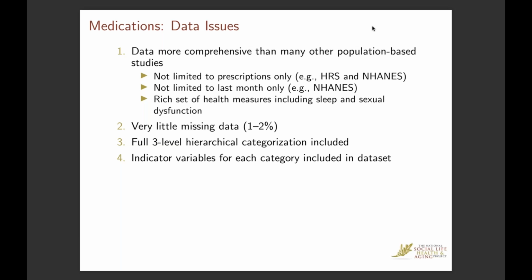And in addition to that, for each of the categories, we've added an indicator, a 0-1 variable in the respondent level data set, indicating whether the respondent at that wave was taking or reported an agent in that particular category. And so that makes it very easy to start using the medication data.